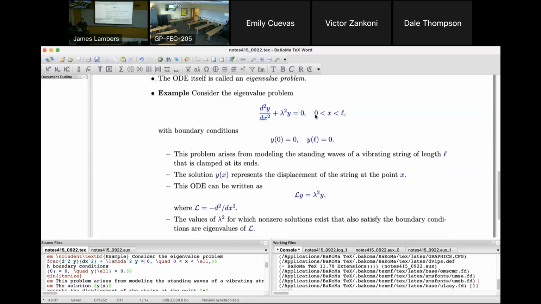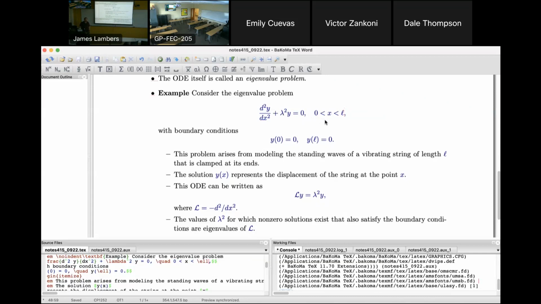So if you ignore the boundary conditions, you have a set of solutions parameterized by lambda, where lambda comes from a domain that is a continuum, like for instance, all real numbers. Once you include the boundary conditions, especially when it's a bounded interval, then you have a discrete set of solutions.